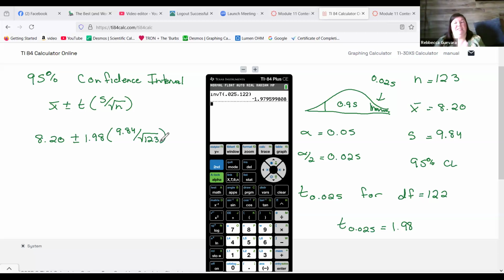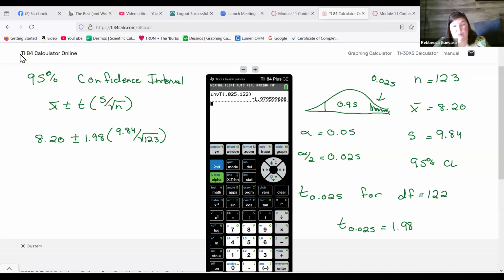Usually the biggest mistake I see here is that you confuse your degrees of freedom and your sample size. And then when you start doing the confidence intervals, sometimes you accidentally put degrees of freedom in. So try to remember, this is supposed to be the sample size.